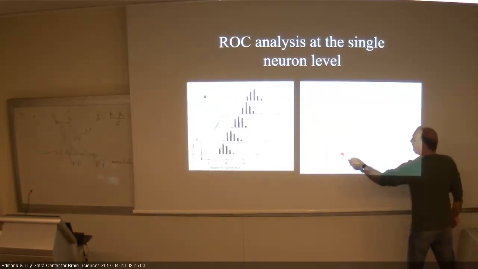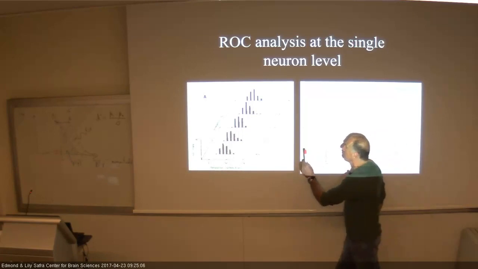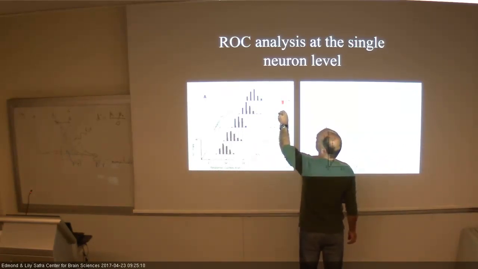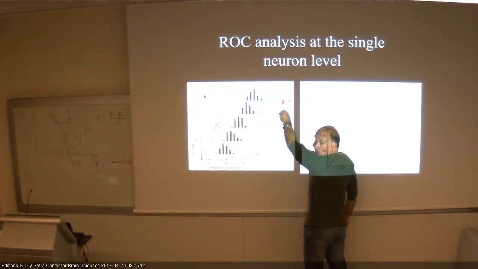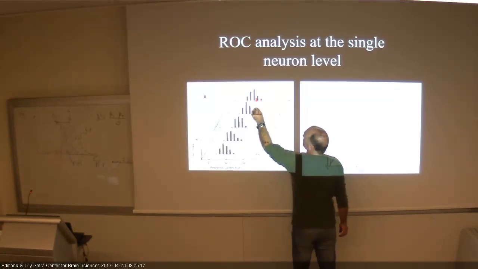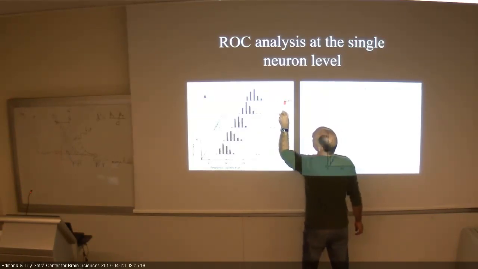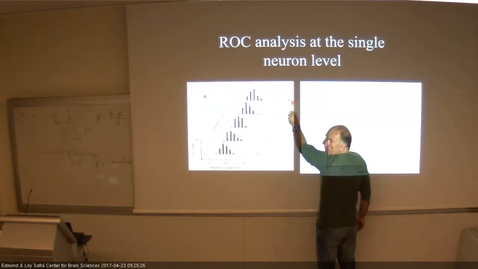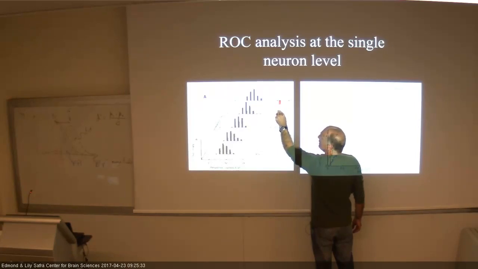As I said, the main diagonal, and what we're doing is changing the criteria. I'm not sure if I made it clear. I set the criteria here. What is the rate of hits here? Here's the preferred direction, here's the null direction. I start from here and move the criteria this way. How many hits am I going to have here? Zero, because in none of the cases did the firing rate go above that level. As I move here, suddenly I'm getting a hit, with no false alarm.